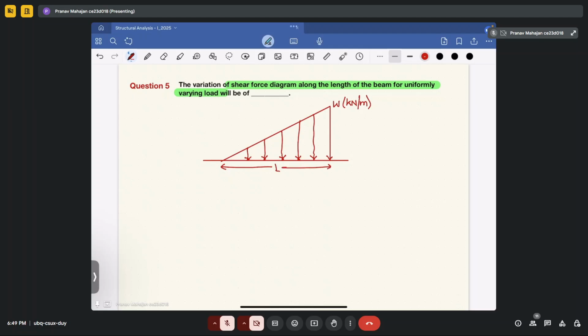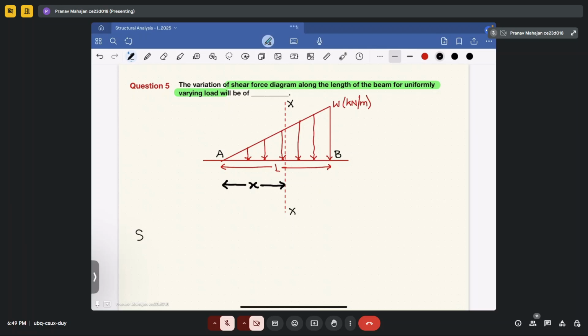Now, what I will do, I will mark a section XX in this case. Okay, so let's say this is at a distance of X meter from point A. Now I have to determine what will be the shear force at any particular point. Okay, so how I will do?